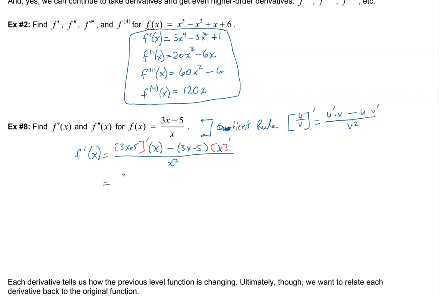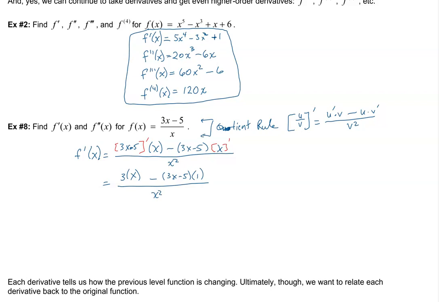And so that will just be 3 times our x minus 3x squared. Oh no, sorry, I have to take the derivative first. I started to distribute. Derivative of x is just 1. Well, that's nice. All over x squared.